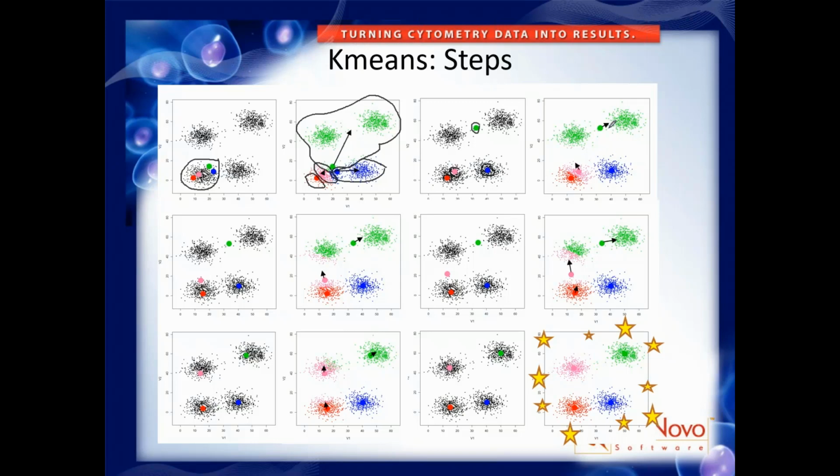So again, we assign every cell to the cluster that it's closest to. And so now all these green cells are closest to the green, the blue cells are all closest to the blue. With the pink cells, what is interesting is there's a very few pink cells at the top. I don't know if you can see that on the GoToMeeting, but there's a very few pink cells on the top that are actually closer to the pink cluster than they are to the green cluster.